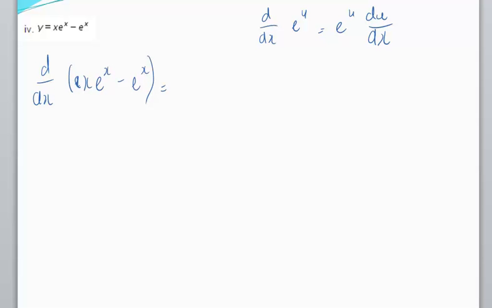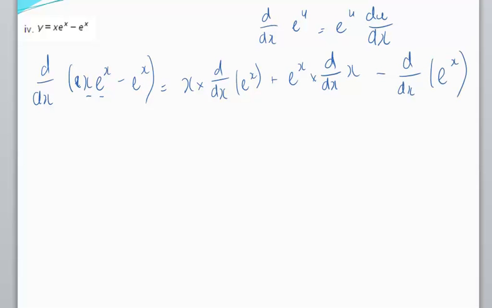We're going to have x multiplied by d/dx of e to the x, plus e to the power of x multiplied by our differential of the x. So that's these two parts, minus d/dx of e to the power of x, which is this part here.